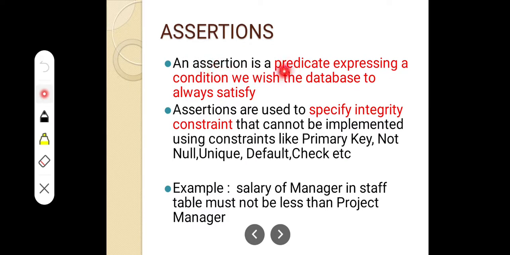An assertion is a predicate, or an expression, expressing a condition we wish the database to always satisfy. The database must satisfy these conditions, so such conditions will be provided along with the assertion.